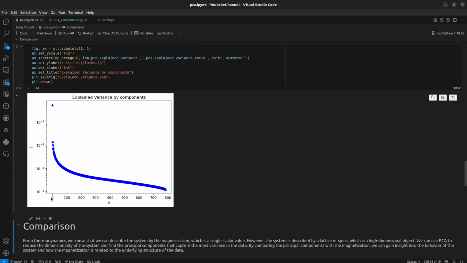So yeah, we have 28 by 28, so 784 eigenvalues, what you're seeing here, and here you're seeing the relative value of the explained variance. So all these should add up to 1, because we need to explain 100% of the variance, since in our original data we had 100%, so now we can't lose variance, but this one is clearly dominating.